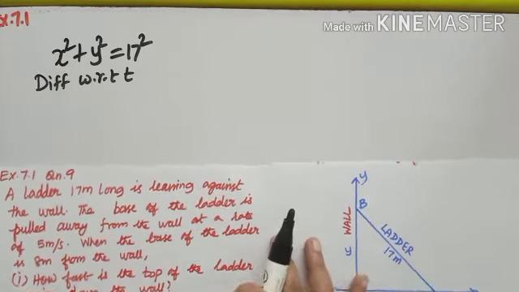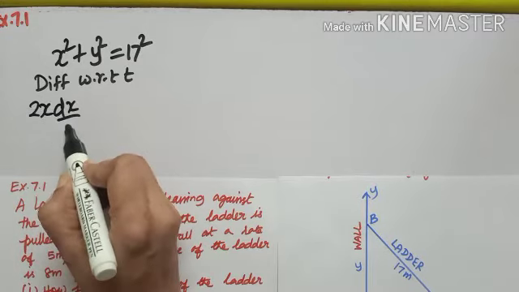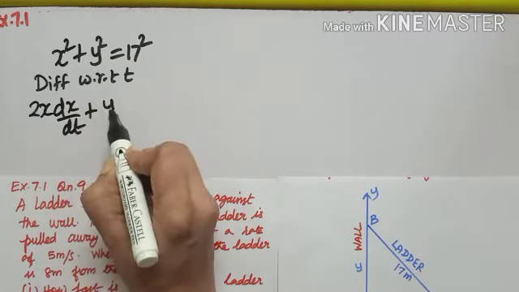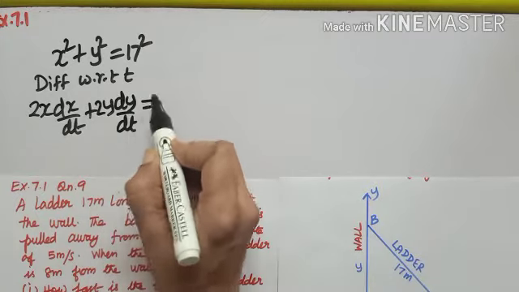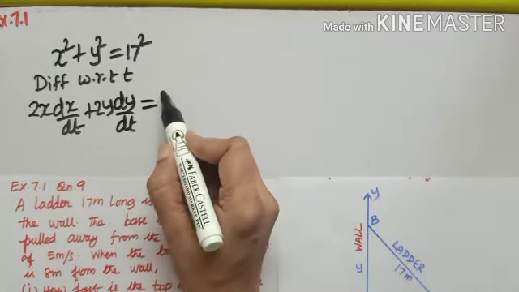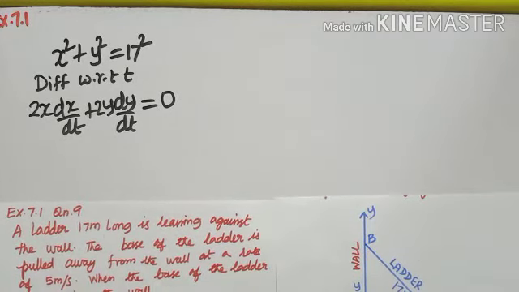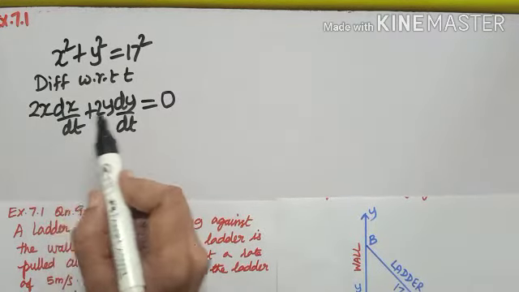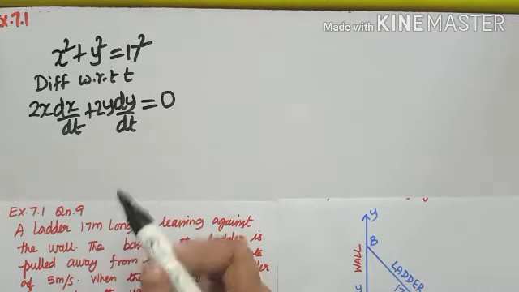So as I differentiate, x square becomes 2x dx by dt, y square becomes 2y dy by dt, and 17 square is a constant, which becomes 0. I need to know what is all this. There are 4 things: x, dx by dt, y, dy by dt.